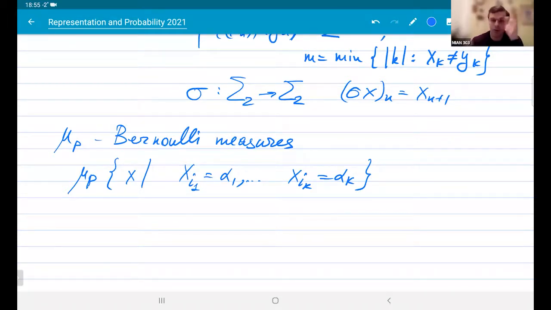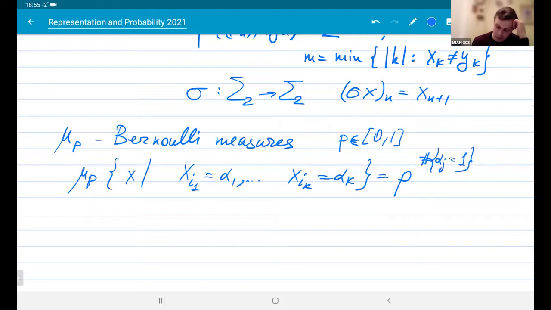You just fix these positions, and then you say that the measure of this set is, so you take some number p, and you take p to the power of the number of alpha_j equal to 1, and 1 minus p to the power of the number of alpha_j equal to 0.